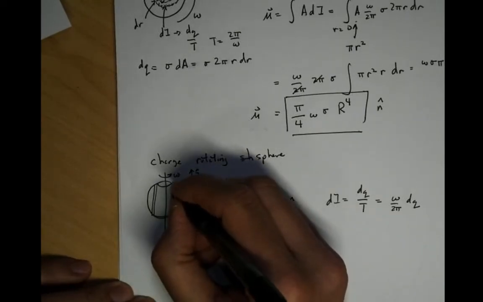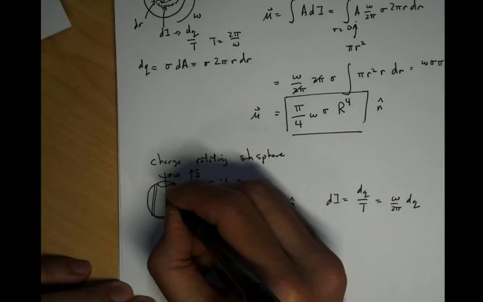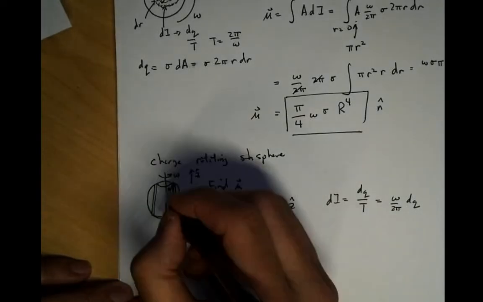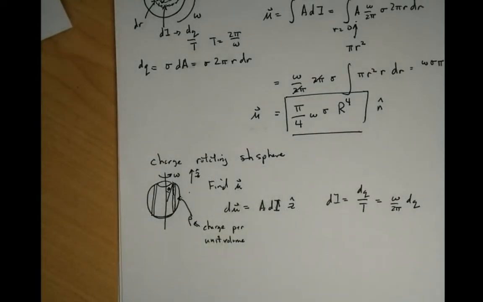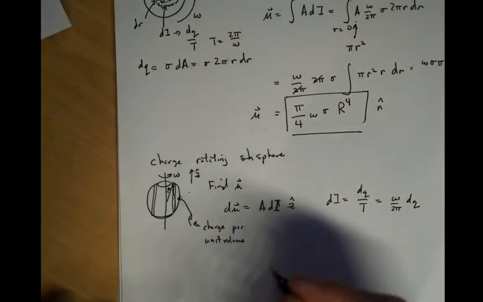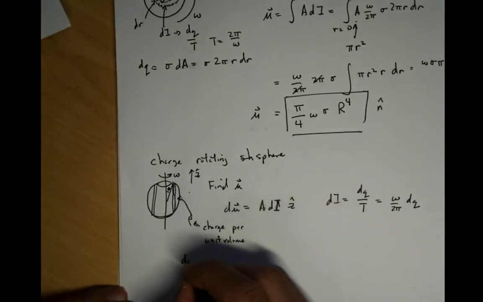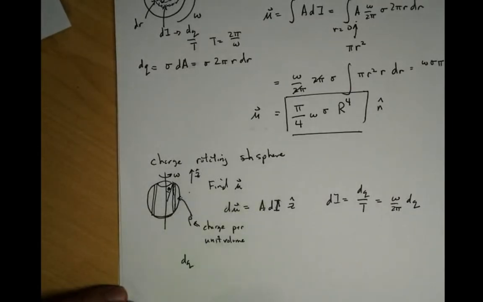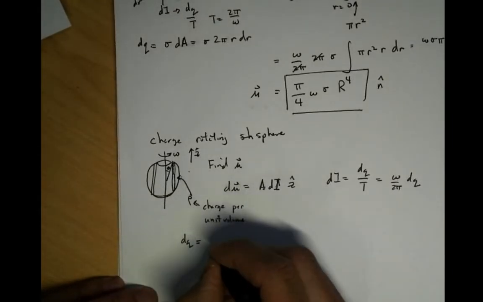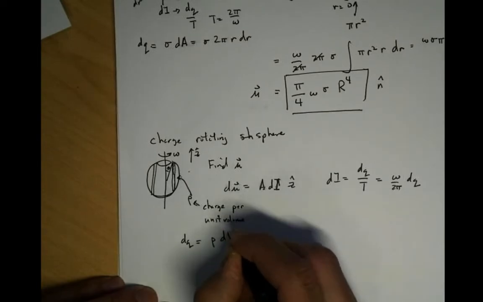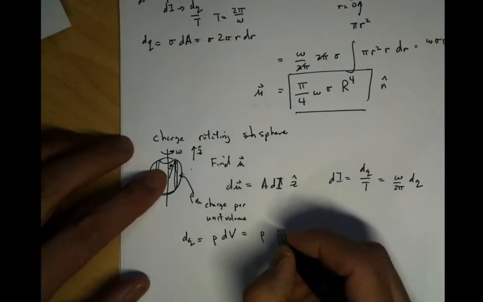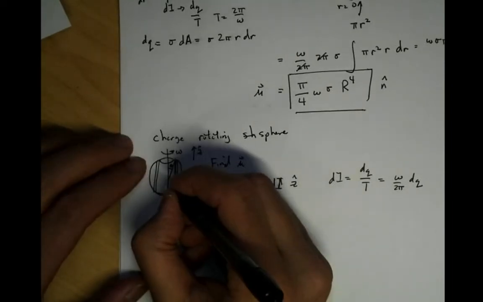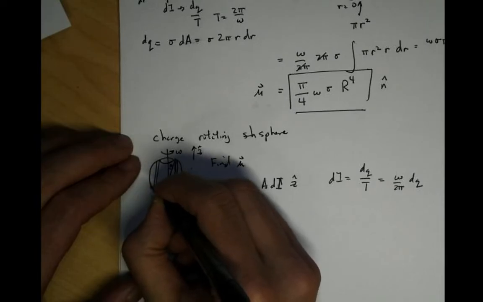And it turns out that the easiest way for me to do this is basically imagine as an angle theta, all right? Okay, so imagine I'm just cutting this out as an angle theta here, all right? Right? And so dq that's contained in this region is going to be rho times the volume of this thing. Well, what is that? That's just rho, okay, times, let's give this sphere radius r.